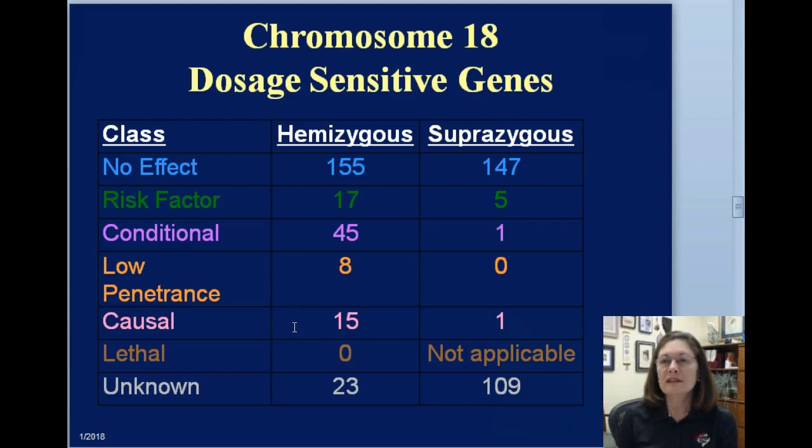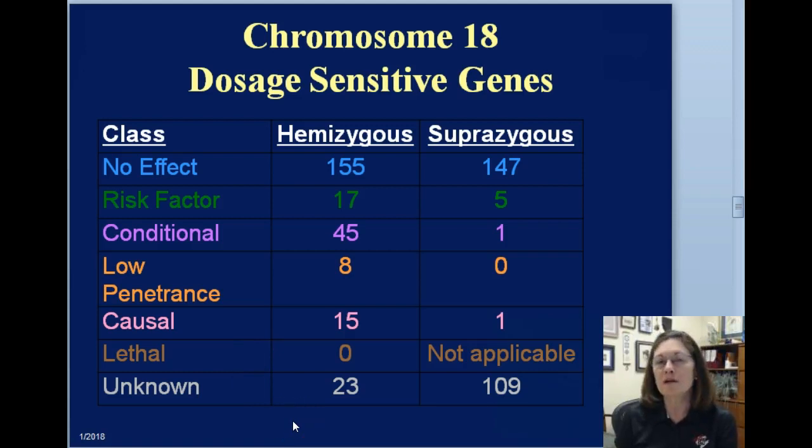There are 15 genes on chromosome 18 that we think cause a problem when you have a deletion more than 50% of the time, and only 1 if you have a duplication. Haplolethal, as I said, there aren't any genes yet, but there probably will be, and it's not applicable for the duplications.